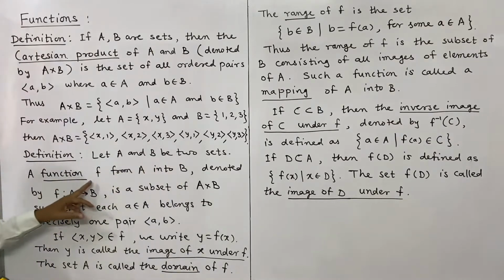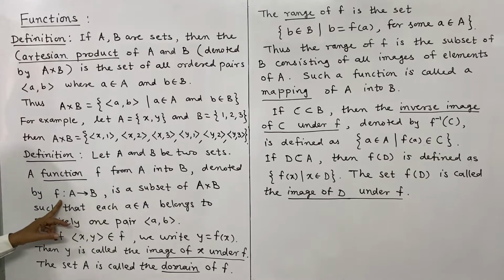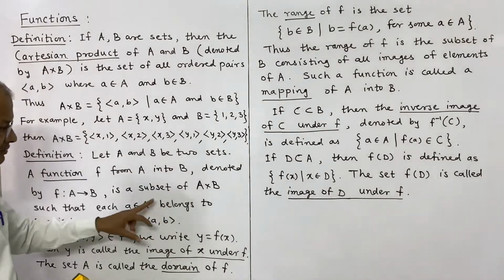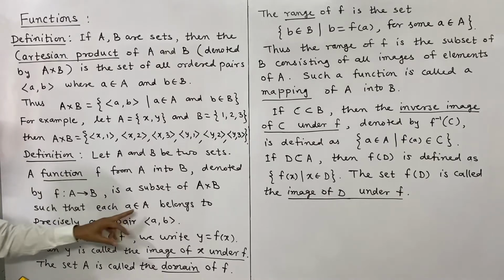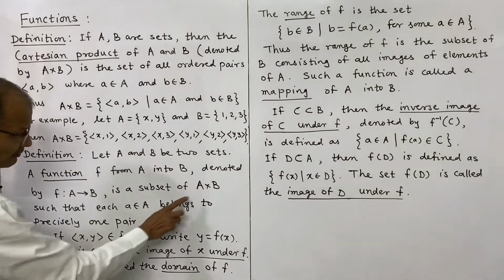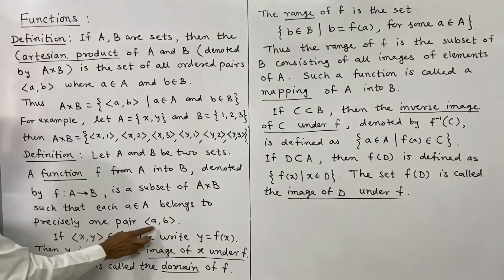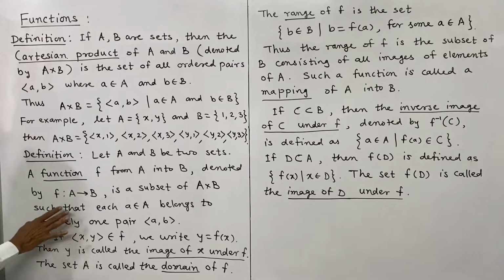A function f from A into B, denoted f: A → B, is a subset of A cross B such that each a belonging to A, the element from the first set, belongs to precisely one pair (a, b).